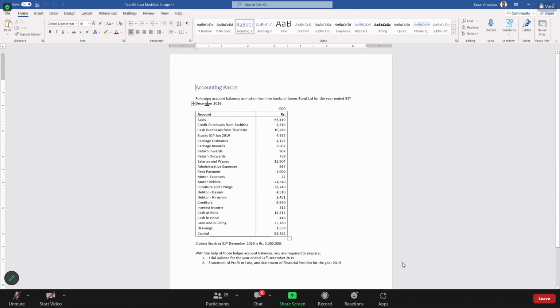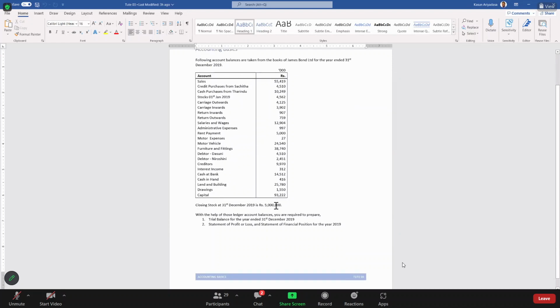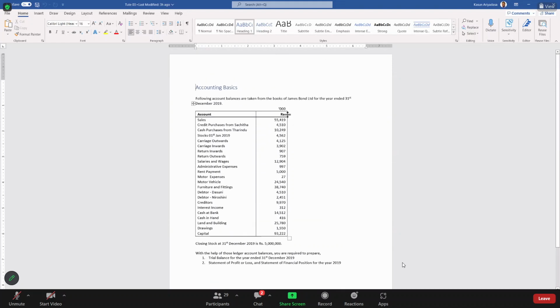The following account balances are taken from the books of James Bond Limited for the year ended 31st December 2019, and there are some transactions. Closing stocks. Now, remember, these transactions are in thousands. Let's say this 27 is 27,000. I want to be very clear on that.